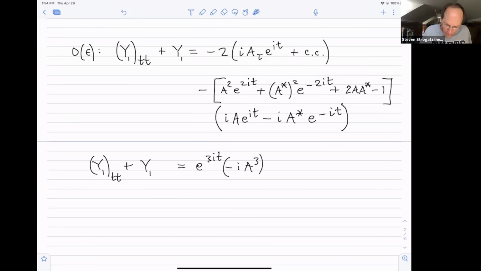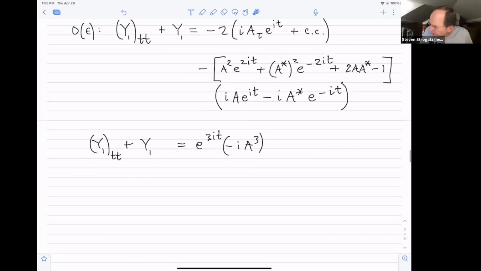That's the result of this, a squared e to the 2it times this e to the it times ia, and there's a negative sign out front there. So there's that. That is not of any great interest because it doesn't cause resonance and it doesn't lead to secular terms, and it doesn't give us any information about how the amplitude behaves.